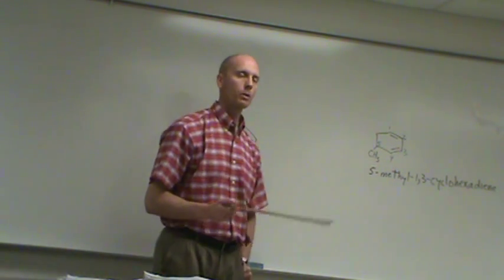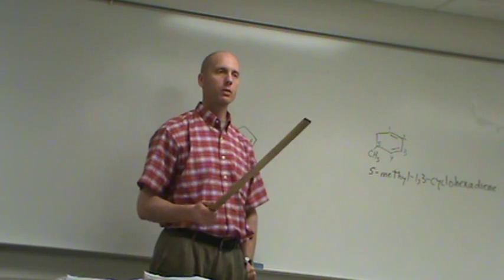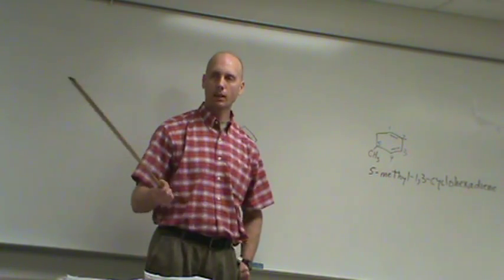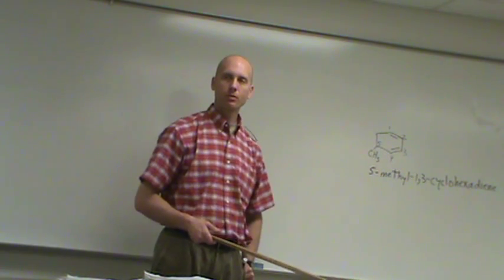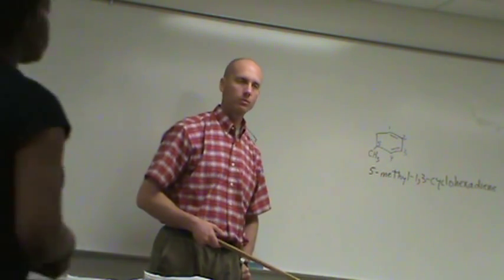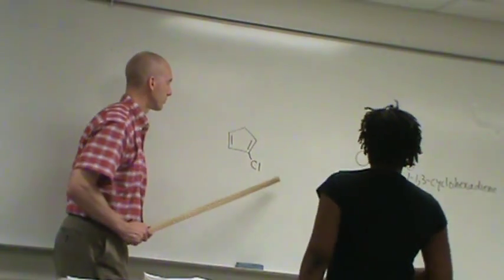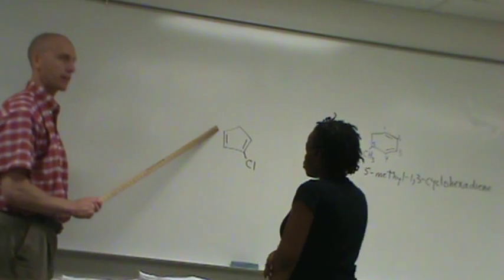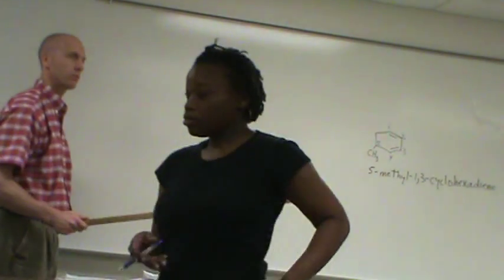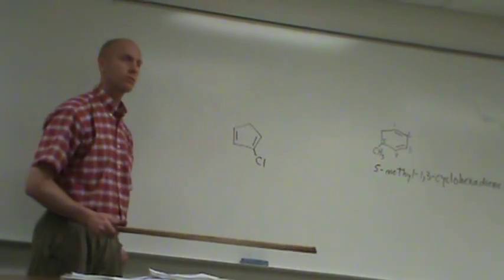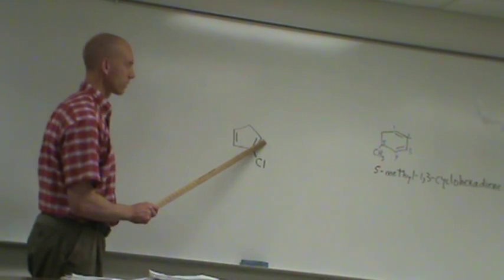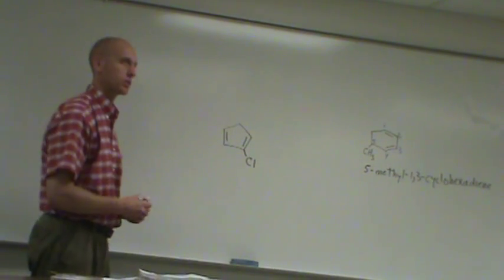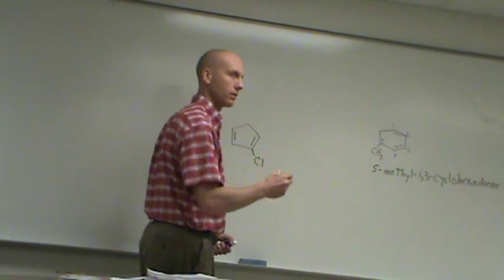Okay, where am I going to put number 1? Anybody want to give it a try? Okay, she thinks right here. I think it's on the other side, over here. Is that where you thought?